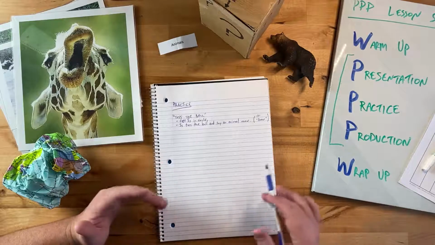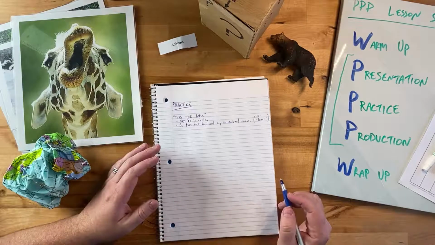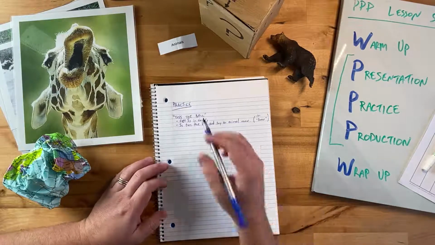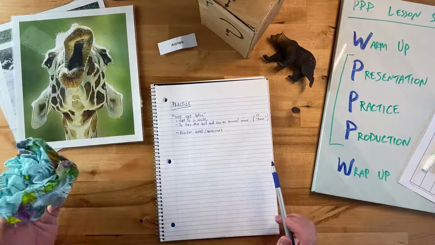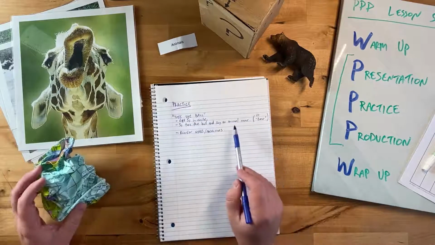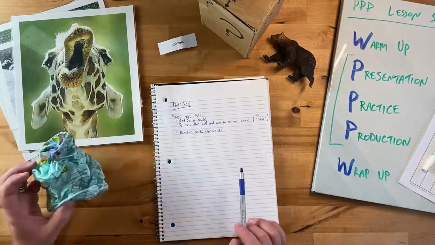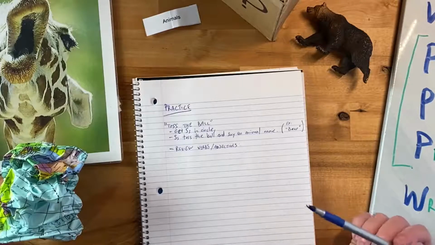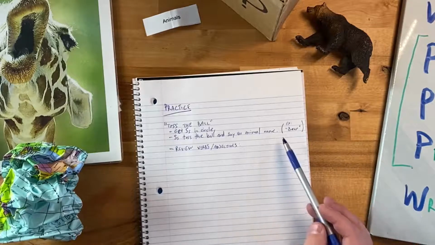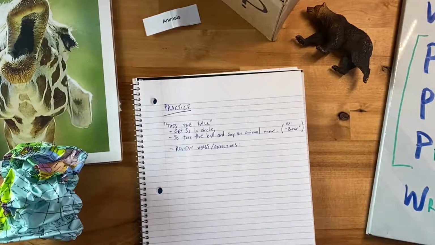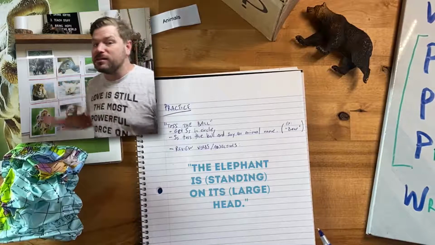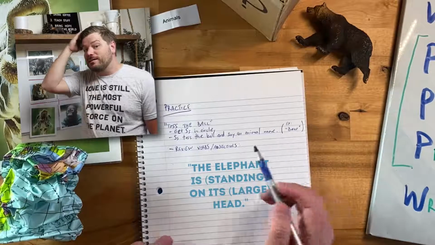Now, if I wanted to extend this and make it a little bit longer or go into some more detail, then I could modify this activity. Instead of just practicing the animal names, I could use it to practice maybe something else, such as the verbs and adjectives that they can put together with the animal names in order to form sentences later in this lesson. The elephant is standing on its head.